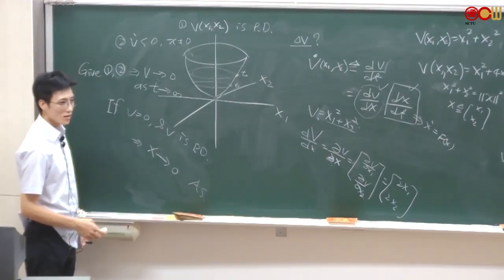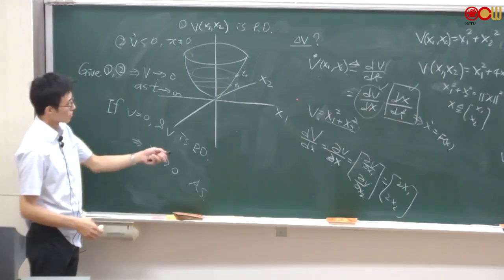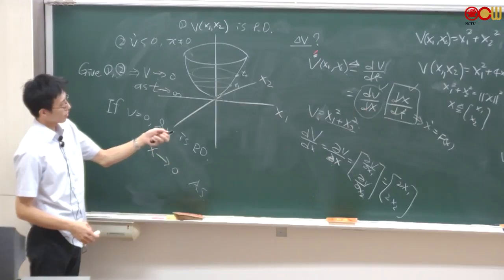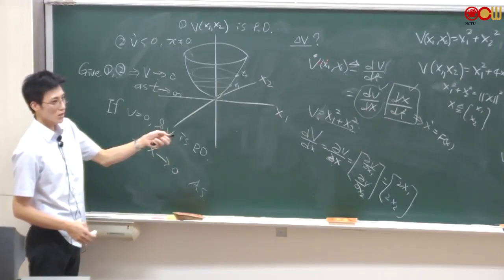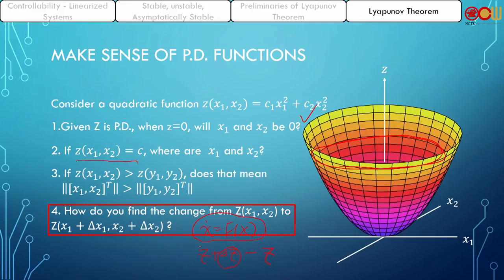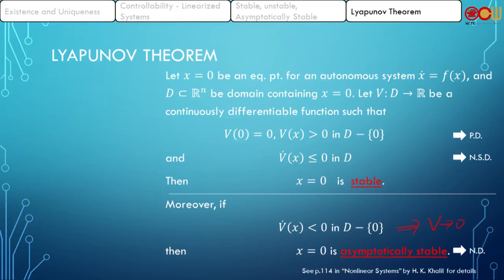So again, did you solve the solution of the ODE? No. We substitute into this chain rule and evaluate whether this value is positive or negative. So in this process, you did not solve any ODE. This is the way we evaluate the differentiation of V with time. This is the Lyapunov function.